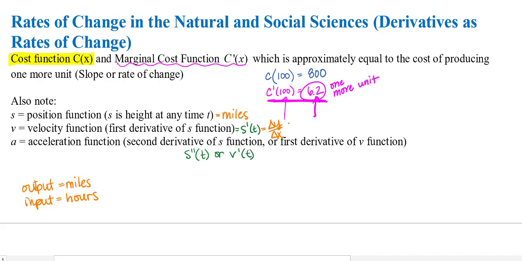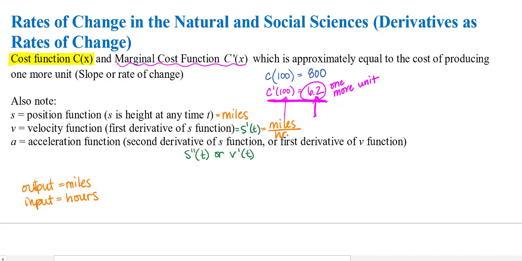Right? Again, it's an instantaneous, but I'm going to look at my output label over my input label. So what would those labels be? Well, that would be output of miles per input label of hour. And again, I recognize we usually write mph, but for this I'm going to show you miles over hours so you kind of understand it that way.